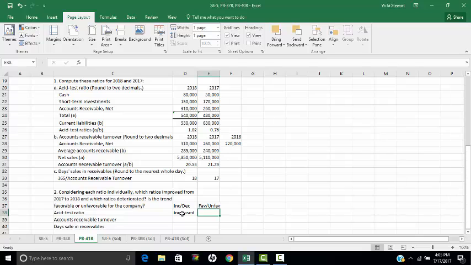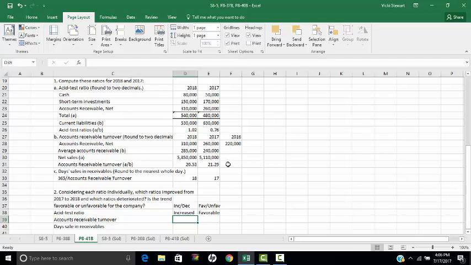Now, is this favorable or unfavorable? This is actually favorable. We want this ratio to be as high as possible because it's more coverage of our current liabilities. The more quick assets we have, the more likely it is that we'll be able to pay our current liabilities on time. So that one increased and it was favorable.